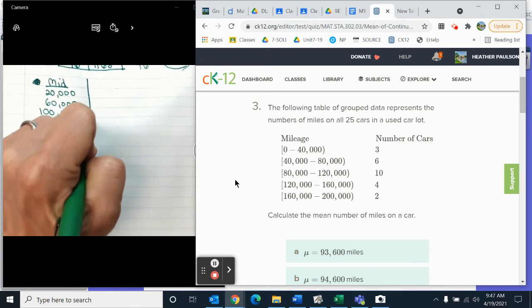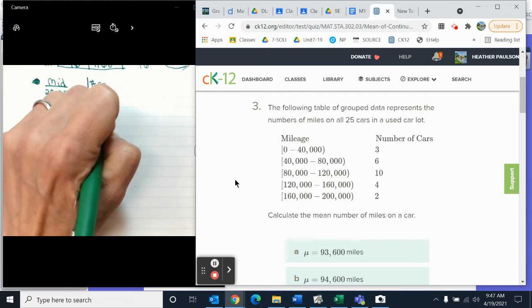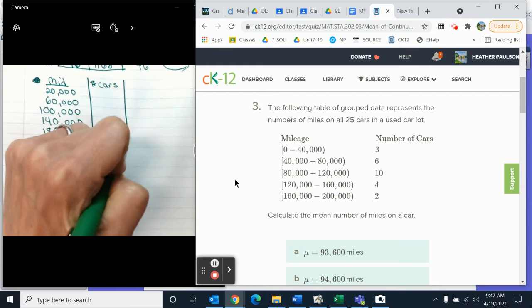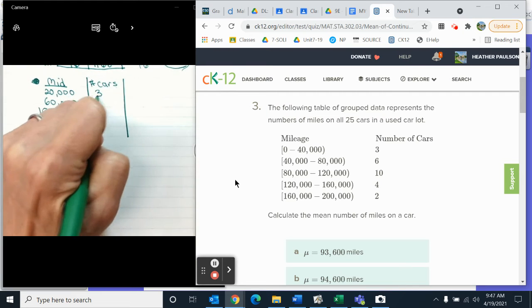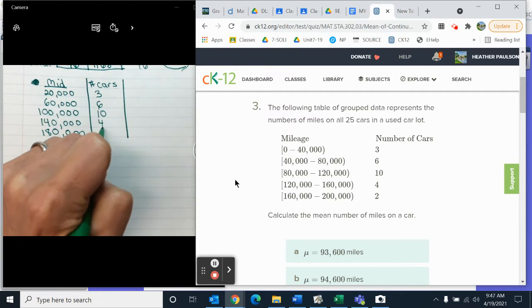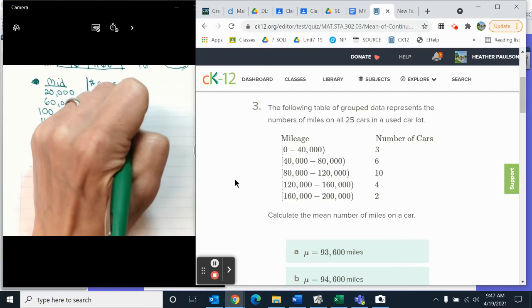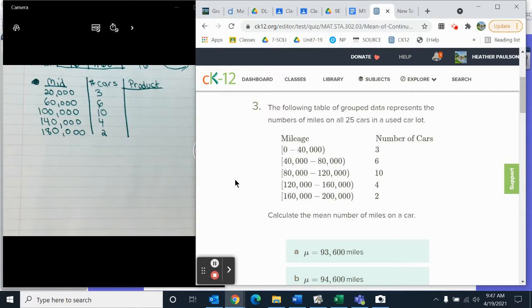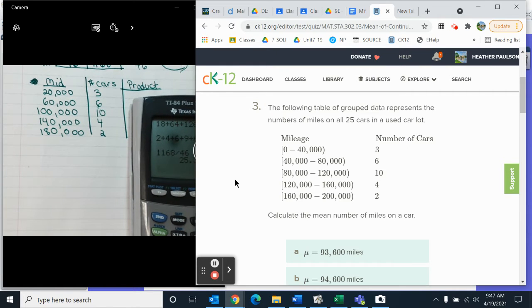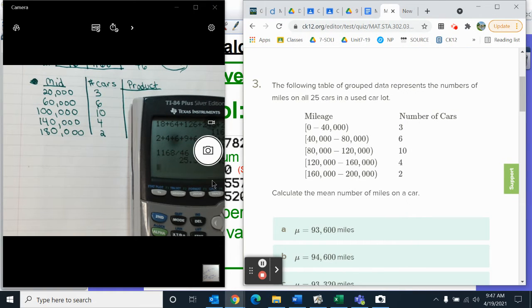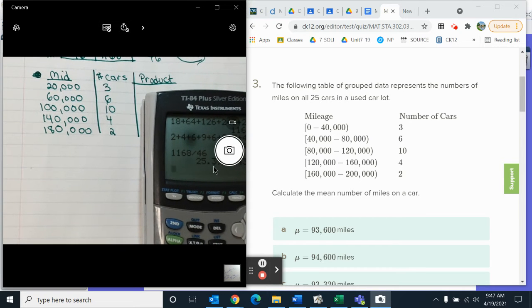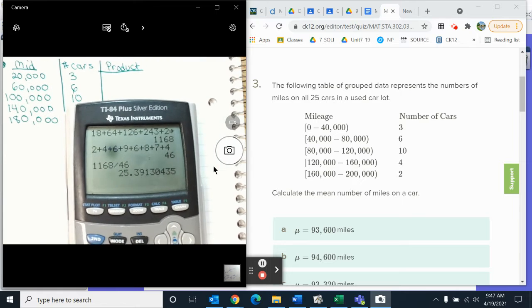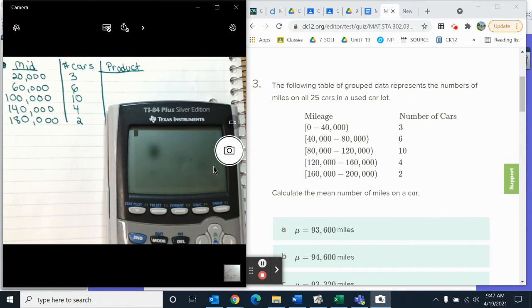And then we have the number of cars: 3, 6, 10, 4, and 2. And then we just need the product. So using our calculator, let's find those products.